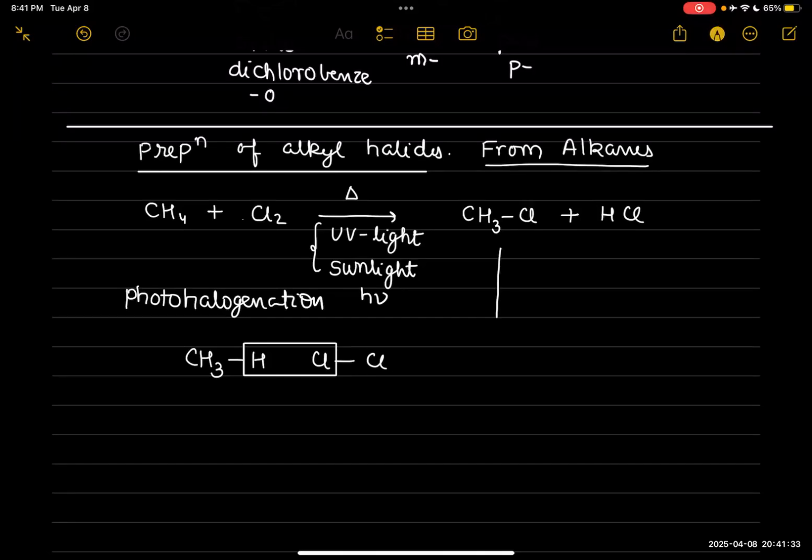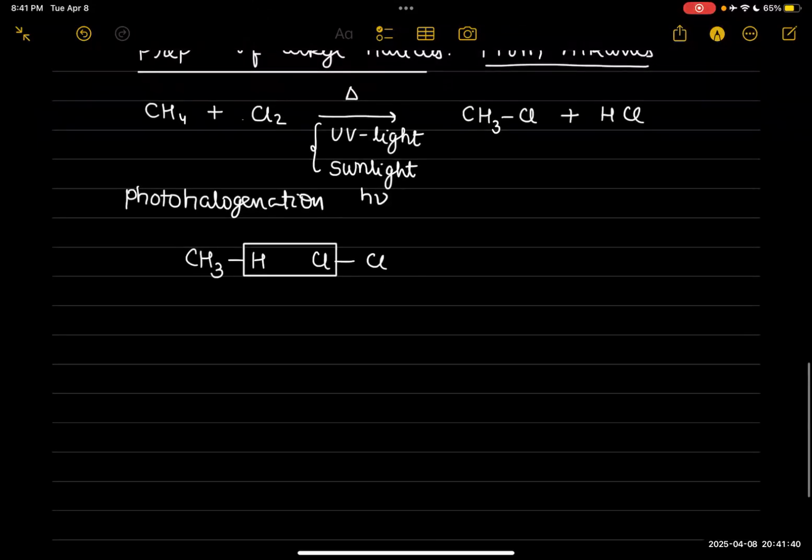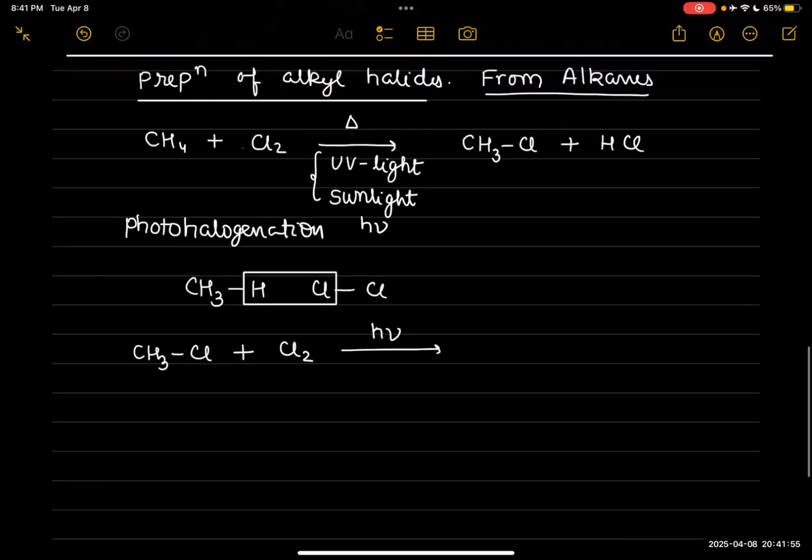Suppose I react it again with Cl2, that can also happen. CH3Cl, if I take 2 moles of chlorine, then the reaction can happen again. What am I going to get?